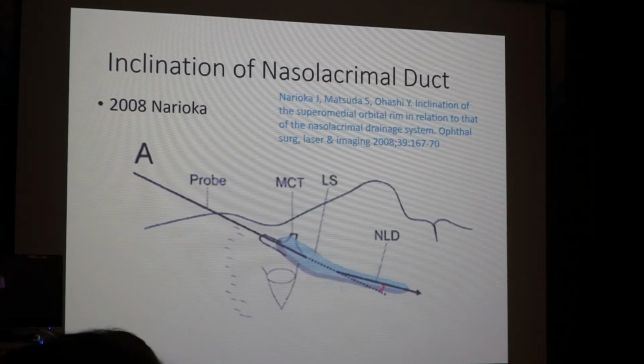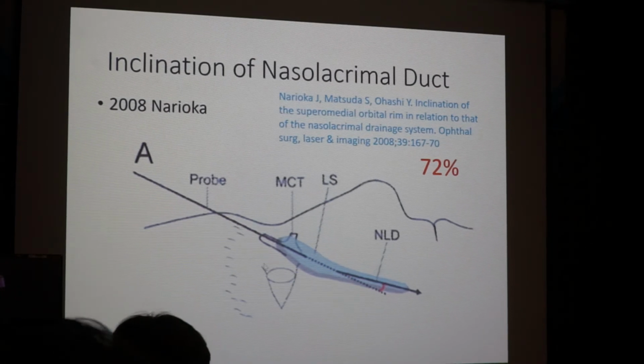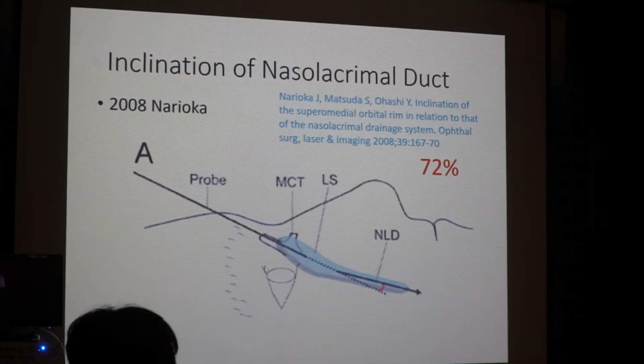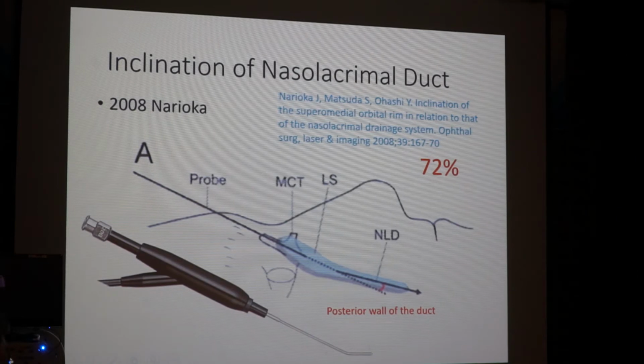As a result, in 72% of the cadavers, the inclination of the probe is steeper than that of the nasolacrimal duct. So this suggests there is a risk of hitting the posterior wall of the duct when using the straight probe. For avoiding this, the probe curve is crucial.